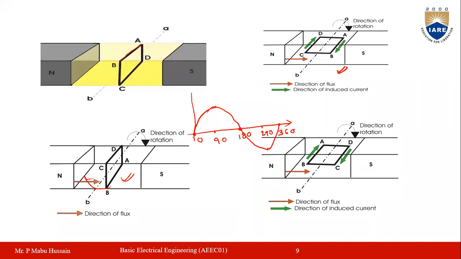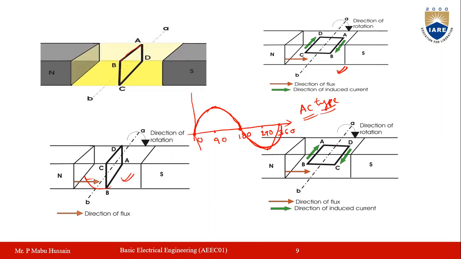Like this, the voltage is induced in the conductor. When you place a closed loop inside the magnetic flux, in each conductor the current will be positive for 180 degrees and negative for the other 180 degrees. So this is the EMF induced in the conductors, which is of AC type.